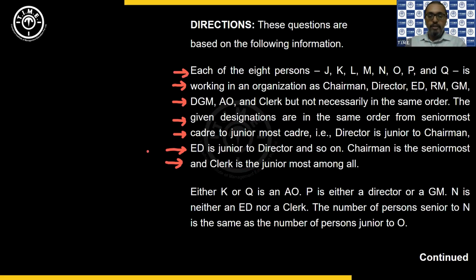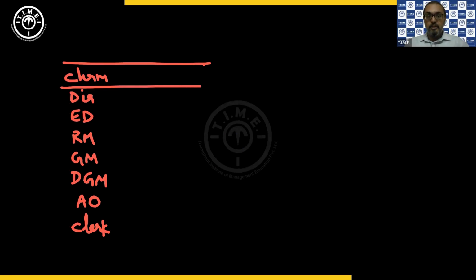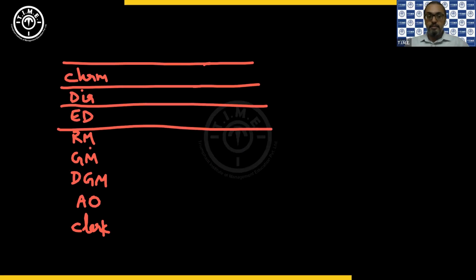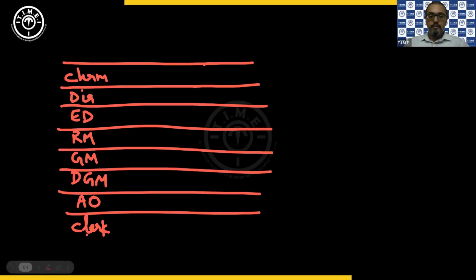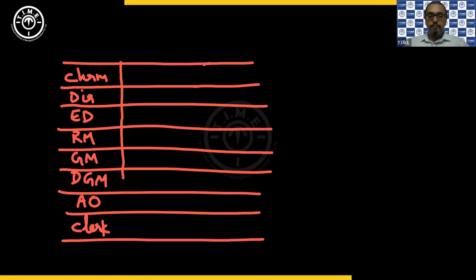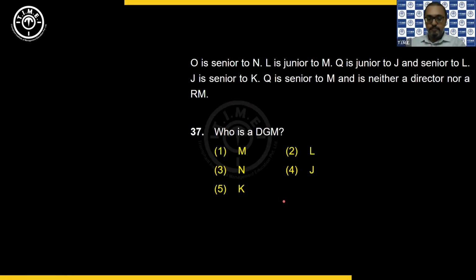Then you have DGM, AO, and clerk. So these are our designations. Now, based on these, we need to fix the persons. So let's see what he says.